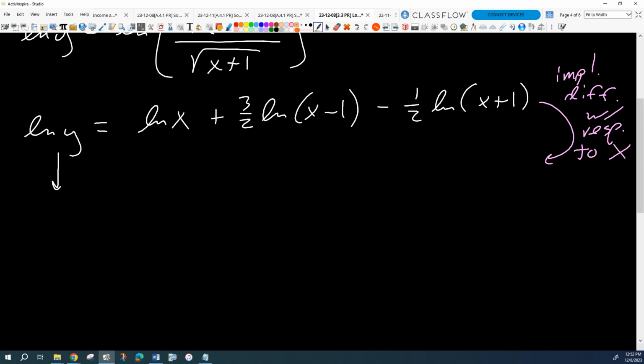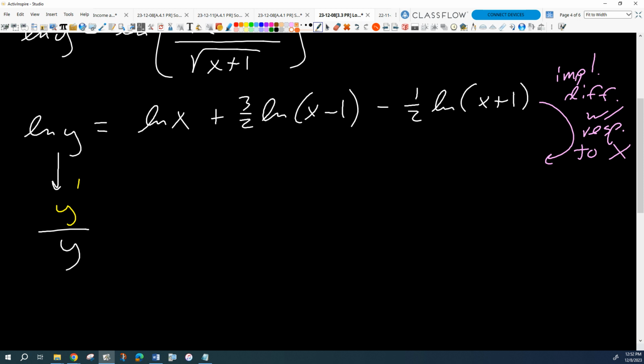Okay? And this gives me y prime over y. Everybody give me thumbs on that. Does that make sense? Okay, we take the derivative of what's inside the log divided by what's inside the log.